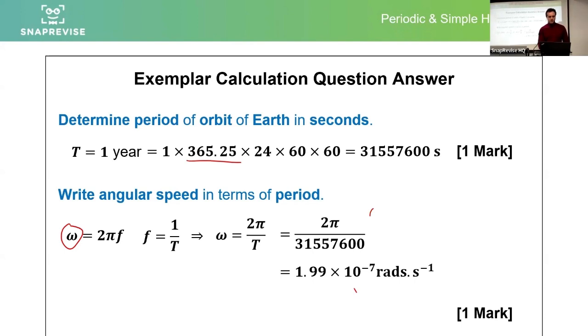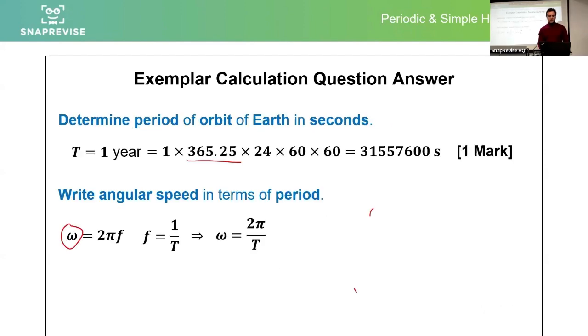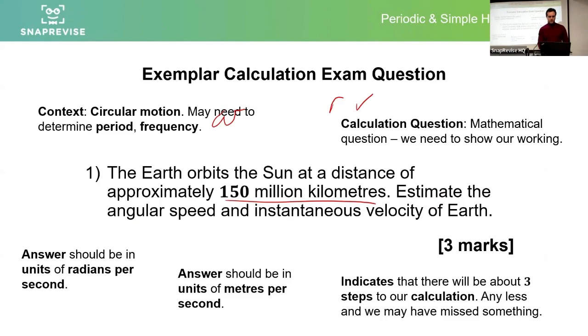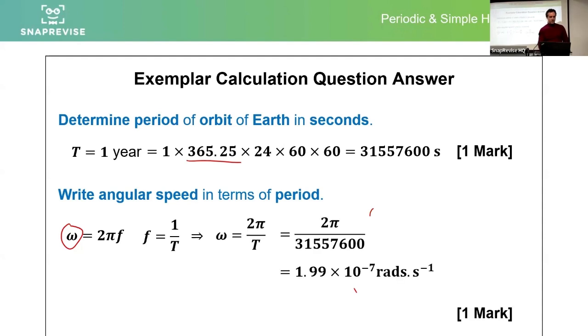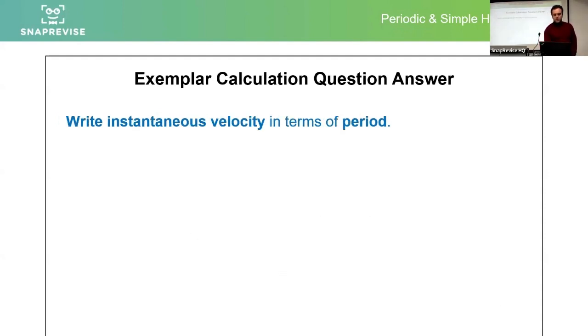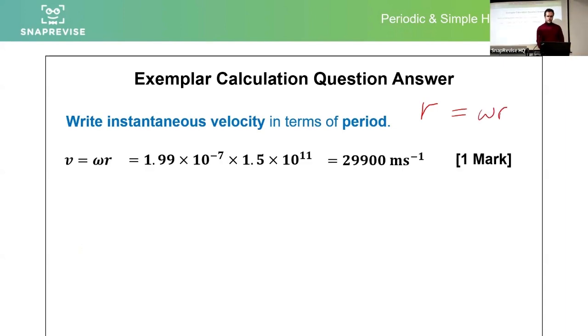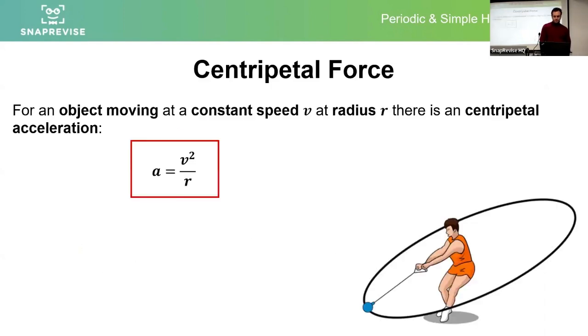In fact, we didn't need r to work out the angular speed. It's when we're asked for the instantaneous velocity that we'll now need it, because we have just said that the instantaneous speed is the angular speed times the radius. So get your answer from the previous part and just multiply it by r.